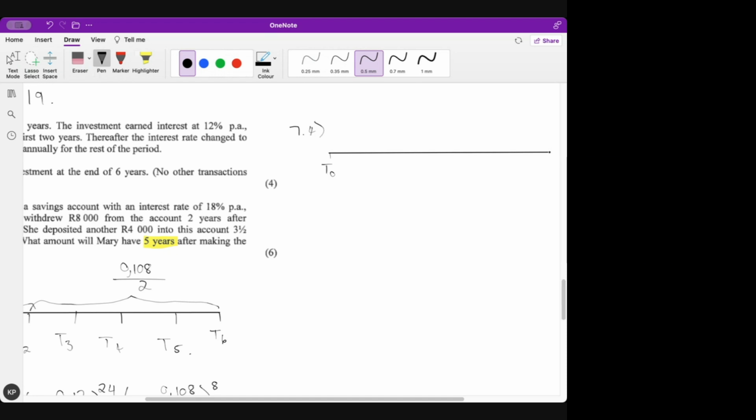T0, T5. No, my scale is off. 1, 2, 3, 4, and 5. There we go.